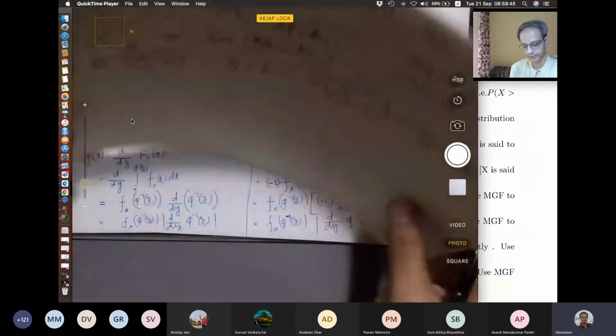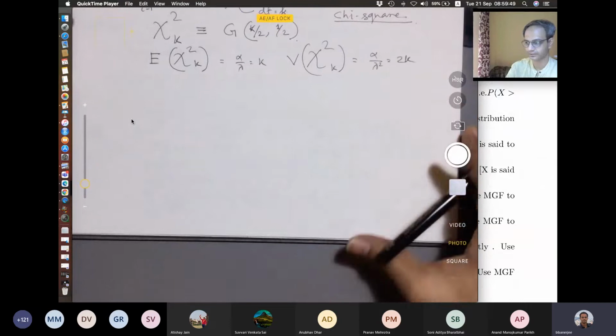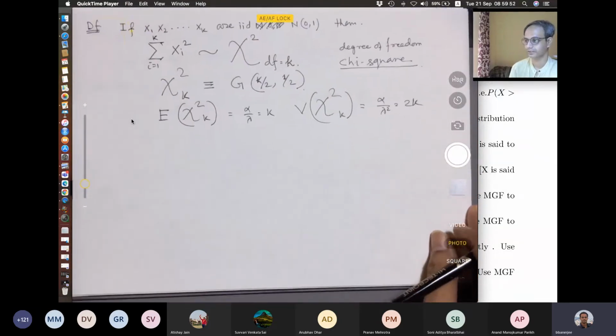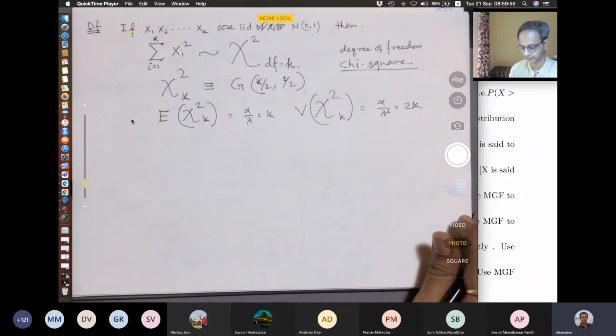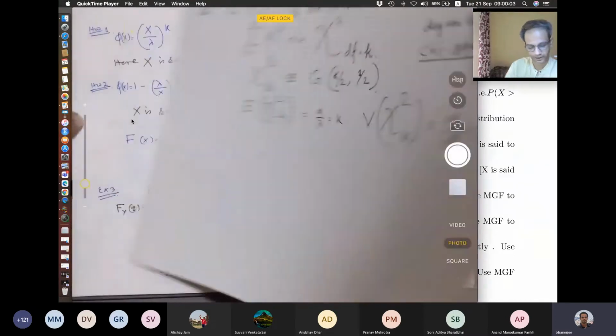If you want to write its density function and then go for the calculation, you can do it, but that will take time. Now this is your homework, as some of our students have told that you can do it part by part.